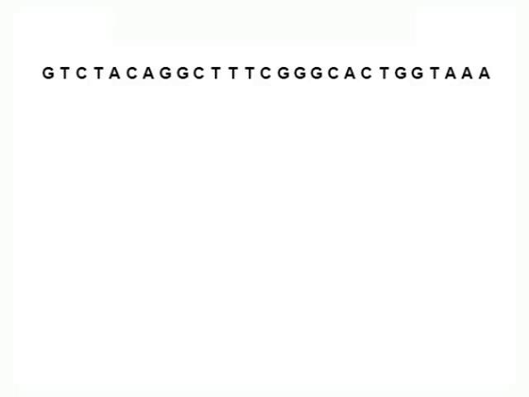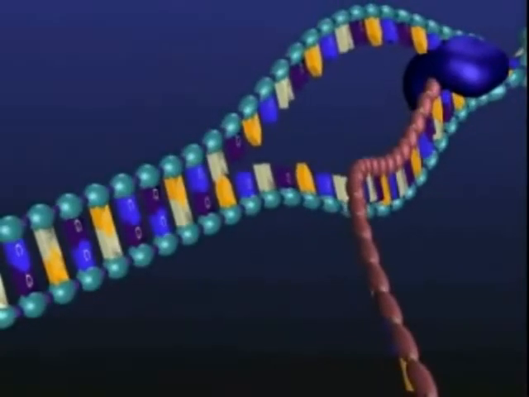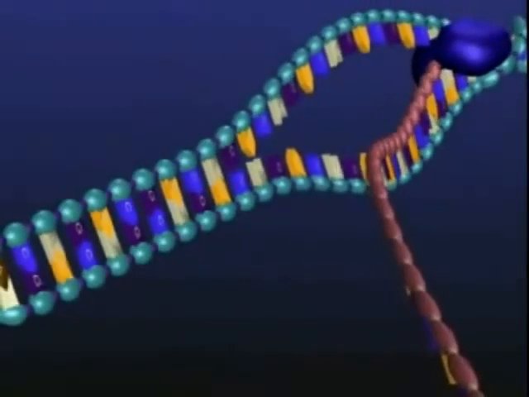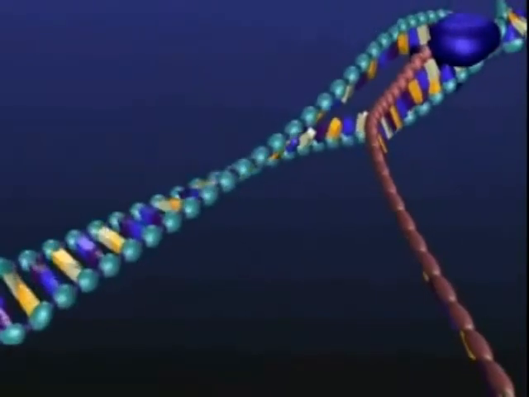For mRNA, T is always replaced by U, so we shall have the following. Once this mRNA is synthesized, it leaves the nucleus into the cytoplasm to the ribosomes.